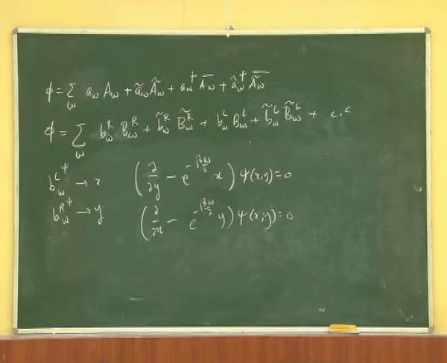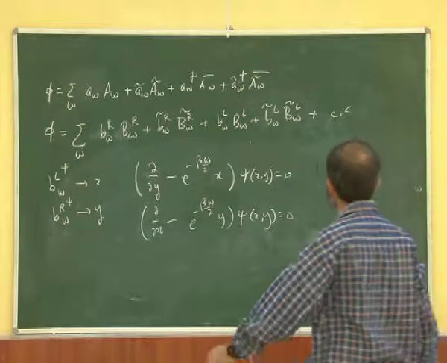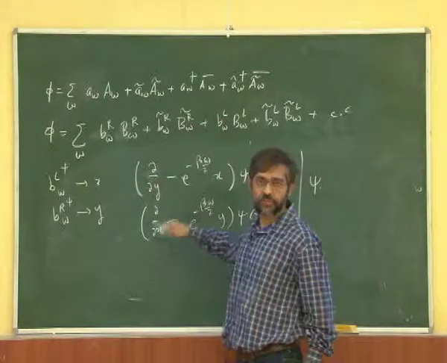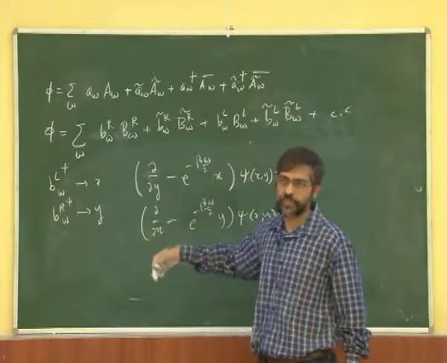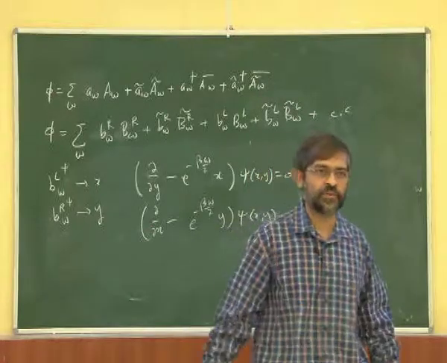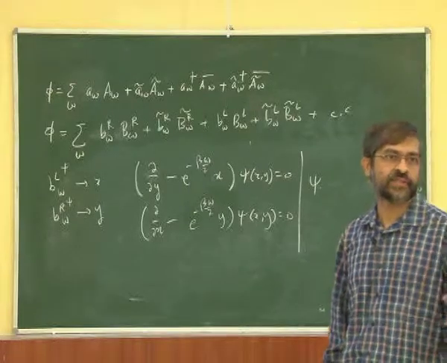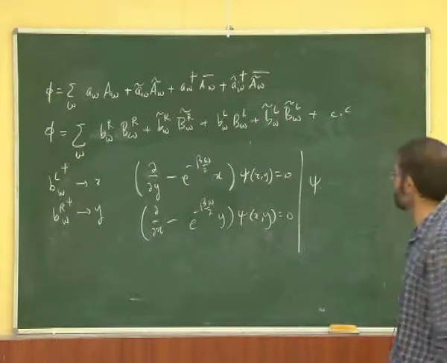Now I have two equations, and I have this psi of x, y. So there is in fact now a unique solution. That unique solution is the well-known representation, called the Bargmann representation, or coherent state representation, or what have you, in which the A and A daggers are treated as position and momentum kind of thing.